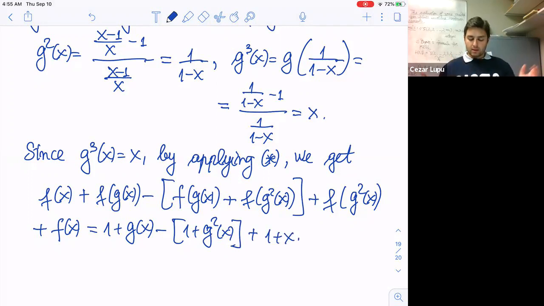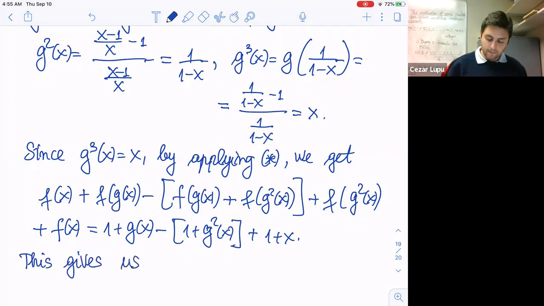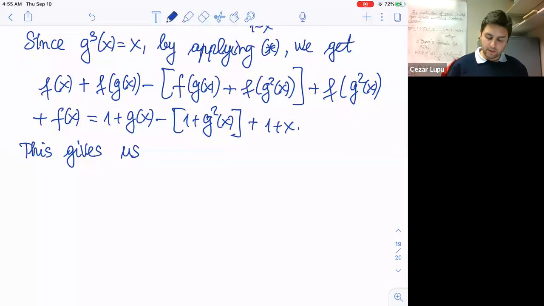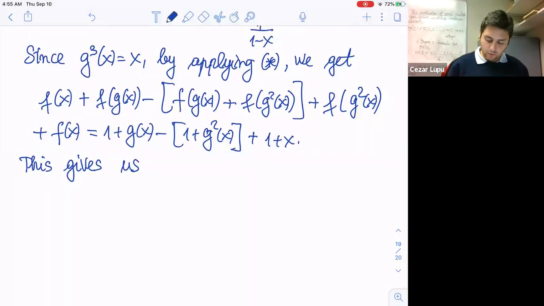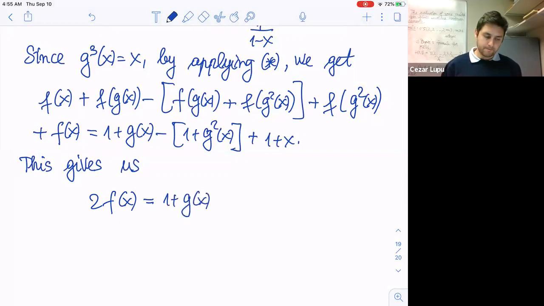And now let's clean this up. As you can see, everything cancels, and it will give us that 2f of x equals 1 plus g of x minus g squared of x plus x.